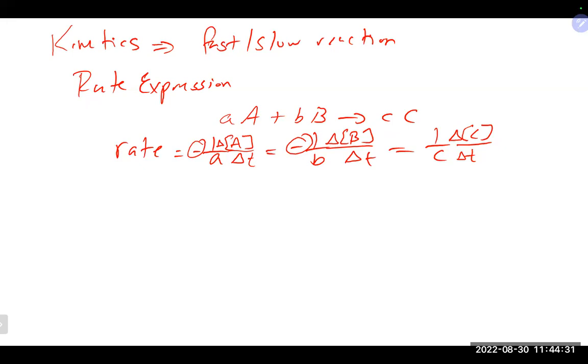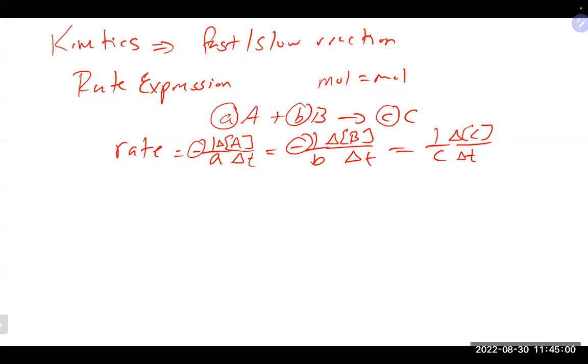Now, when we talk about the rate expression, we also take 1 over the coefficient, and we need to take into account the stoichiometry, or the mole-to-mole relationship between the reactants, products, or whatever we may be looking at. So by taking 1 over the coefficient, as we did in several examples, that combines both the stoichiometry part of the calculation and the kinetics part of the calculation together in one move.